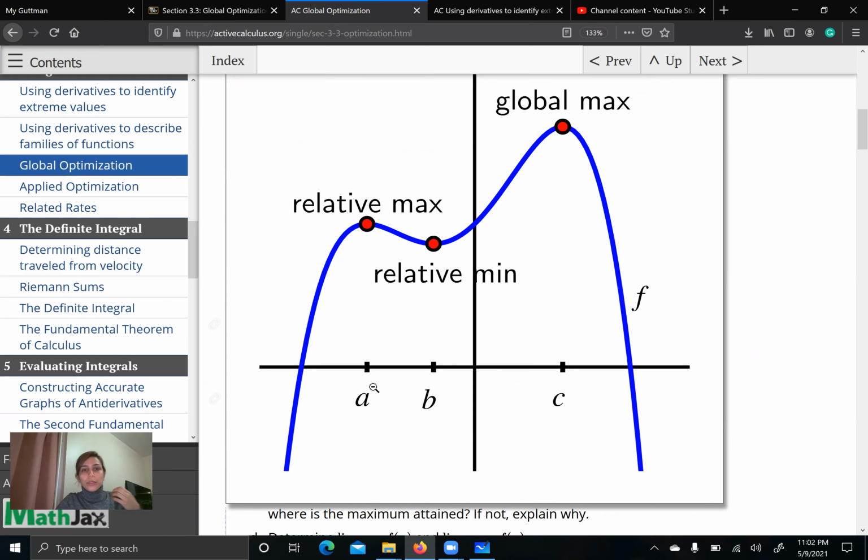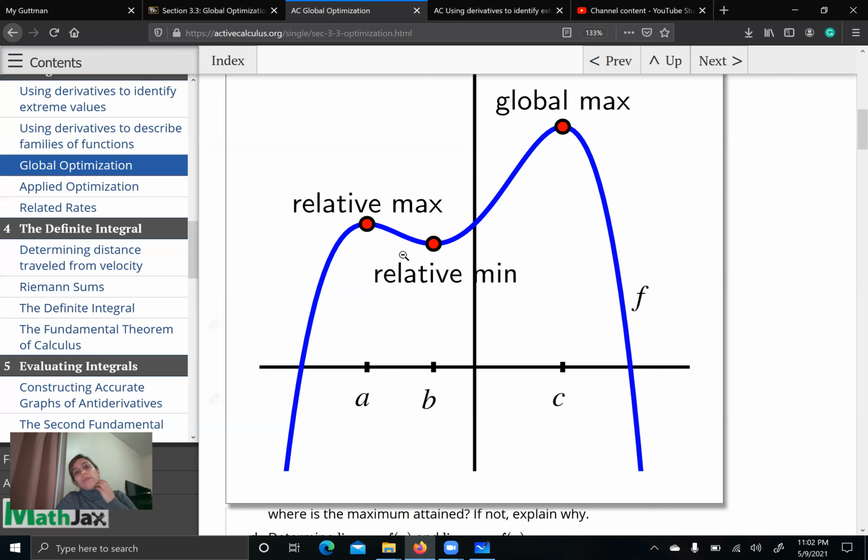But for points A and B, the height for A is not the greatest, and the height for B is not the smallest. However, in their close neighborhood, if you just focus on the values around them, then at A it has a relative maximum, a local max, and at B it is a relative minimum.